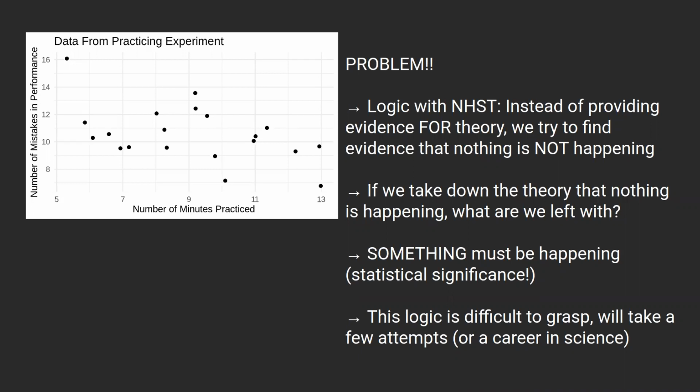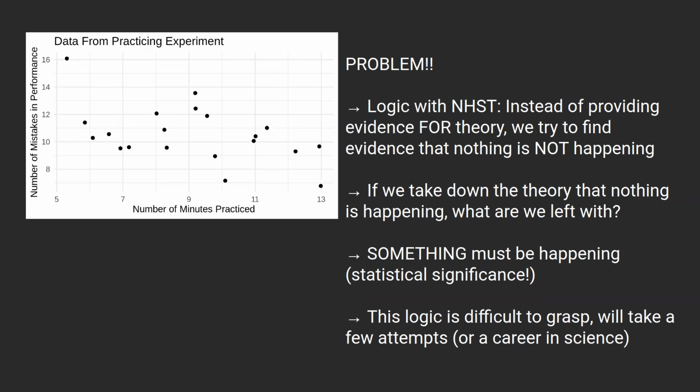Instead of trying to find evidence to suggest that we do have learning, we're going to try to find evidence to say, hey, we know that nothing isn't happening. And if nothing isn't happening, what are we left with? Well, hopefully we're left with something happening, right?